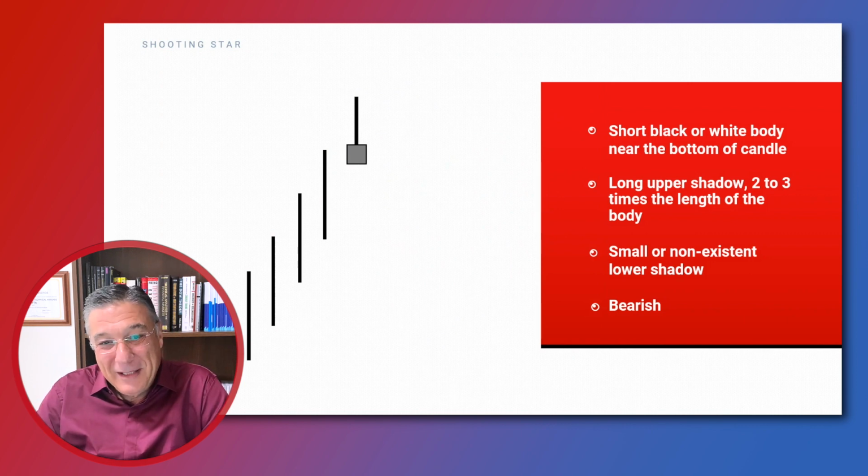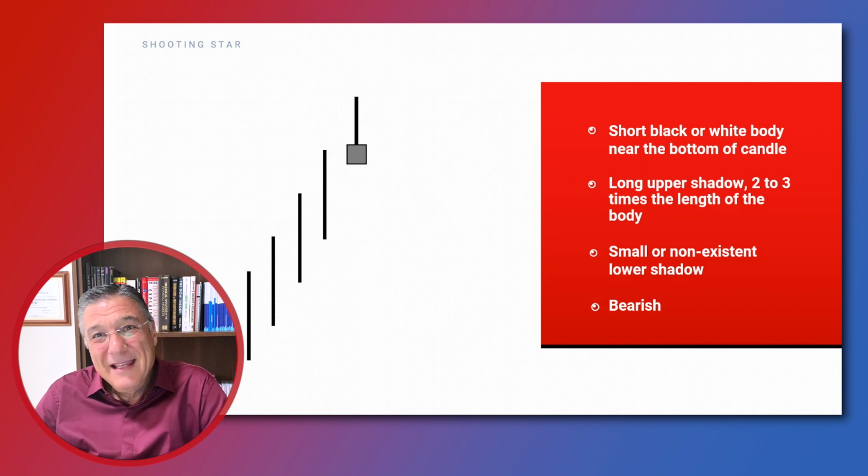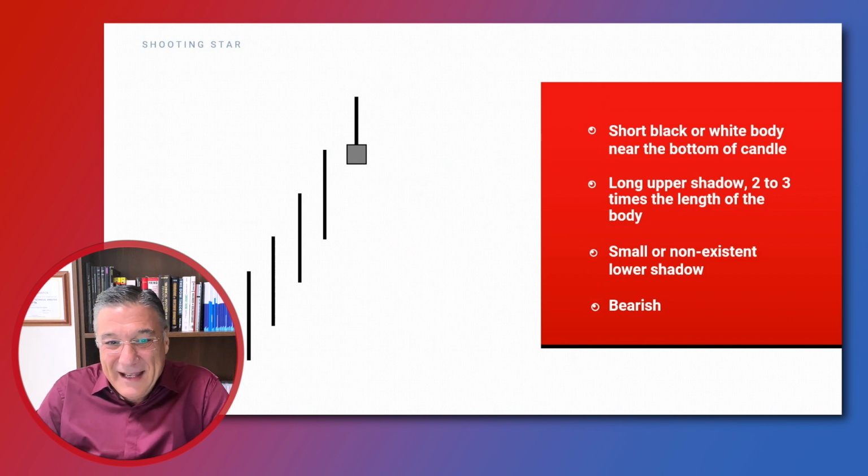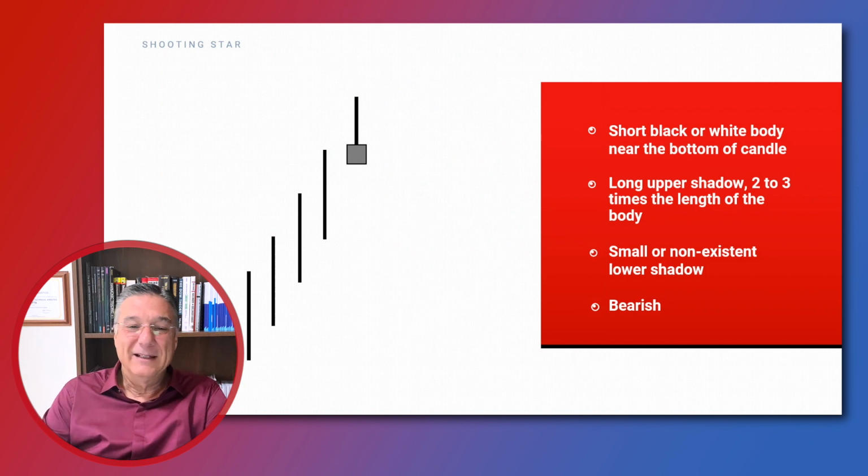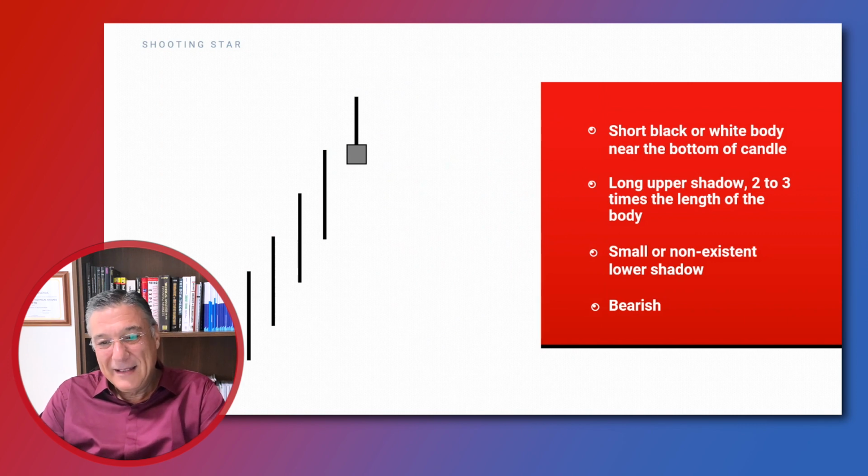One more time, to emphasize, the color of the body is not important. The upper shadow is 2 to 3 times the body size. And of course, it is located at the top of a rally and has bearish implications.